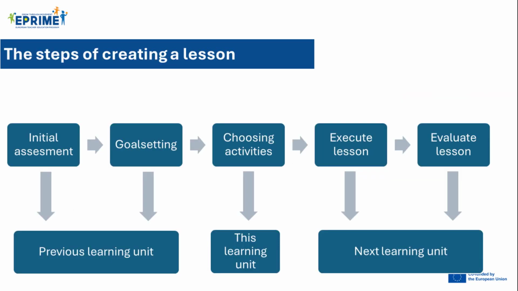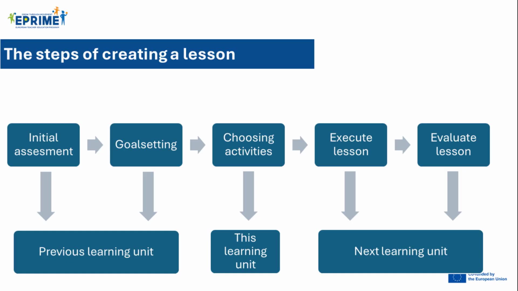In the previous learning unit, we introduced a simple 5-step process to guide you in creating effective PE lessons. We already explored Step 1, Initial Assessment, and Step 2, Goal Setting in that module. Now in this module, we'll focus on Step 3, Choosing Learning Activities, a critical step in connecting your goals to engaging and impactful lessons.